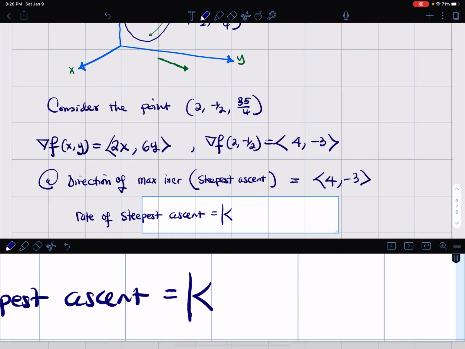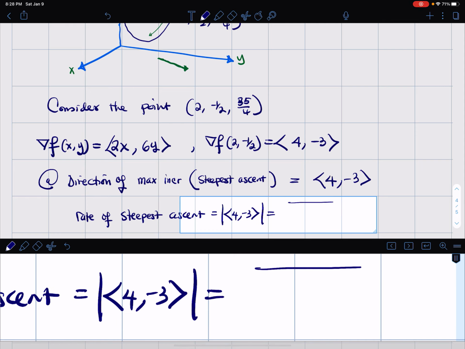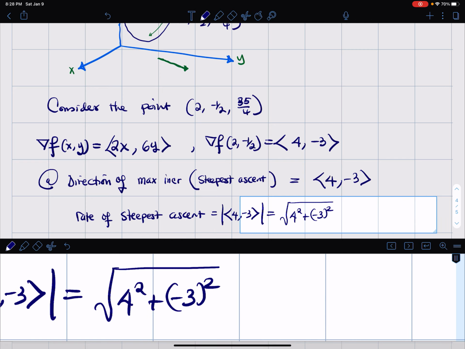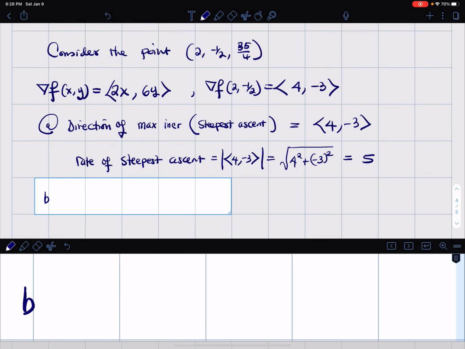It's the magnitude of 4, negative 3, which is the square root of 4 squared plus negative 3 squared, which is 16 plus 9. This is just 5.